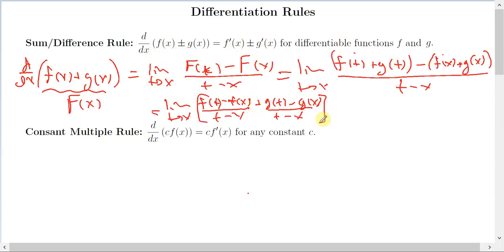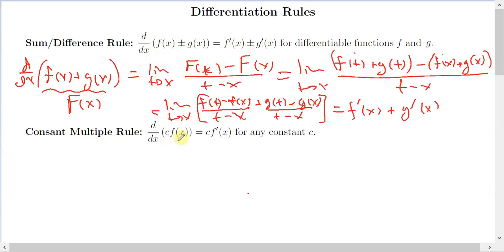And so I'm taking the limit of something like that. Well, we know that the limit will pass to both of these terms as long as both exist, and that's saying the functions are differentiable. So what I'm going to have is the limit of this, which looks like f prime of x, and the limit of this, which looks like g prime. So that's just a quick sketch of how you would show that this is true for plus or minus.